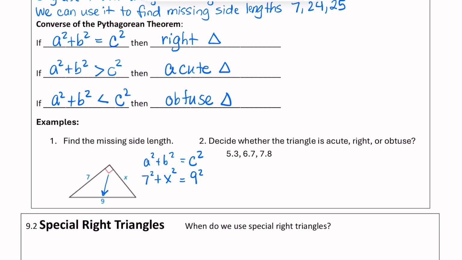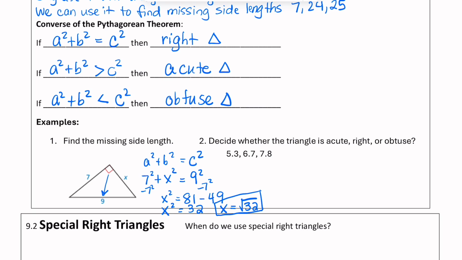And now I just need to isolate x. So I'm going to subtract 49 from both sides. And I get 81 minus 49, which is 32. And then I take the square root of both sides. So I get x equals the square root of 32. And you can leave it like that, or you can put it in decimal form. It just depends on what they're asking for.